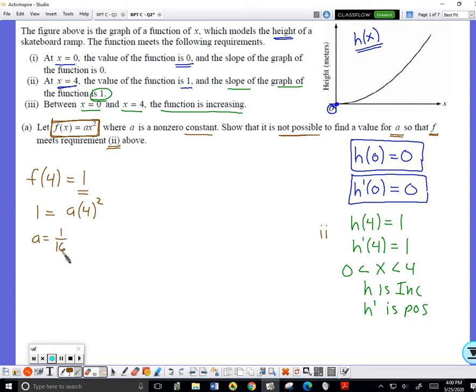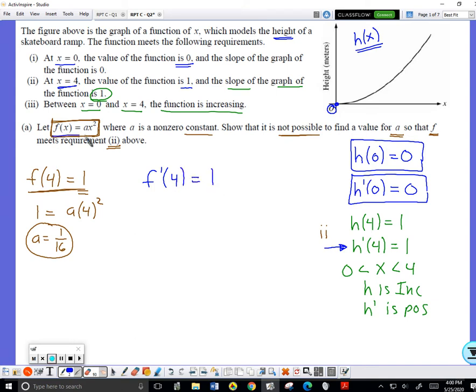That's okay. If A equals 1 over 16, then F of 4 will equal 1. But we're also looking at F prime of 4 equaling 1.